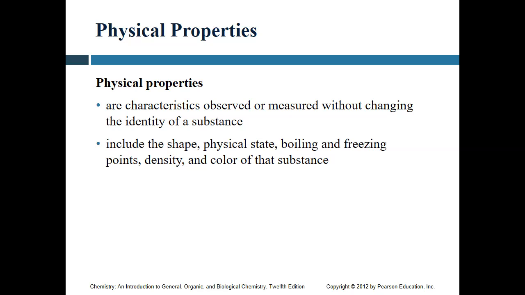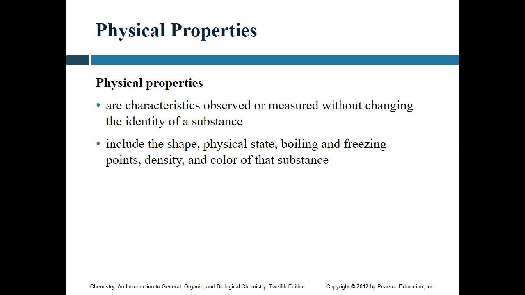Physical properties, on the other hand, are the describable properties, things that we can easily observe without actually changing the object itself. I can pick up this pen and tell you that it is a blue pen, and I won't have to do any chemical reactions to it to tell you that it is blue.